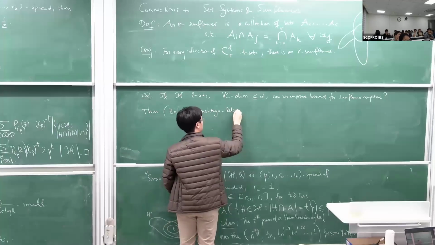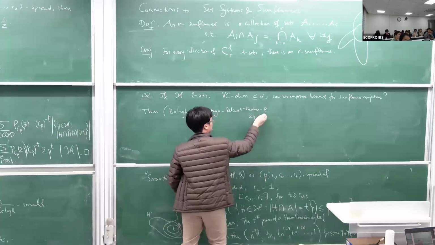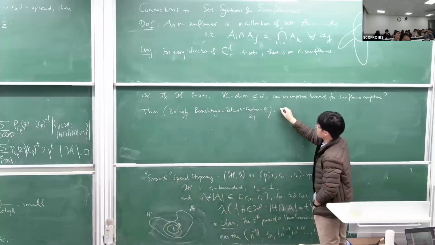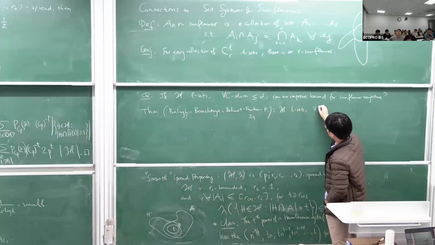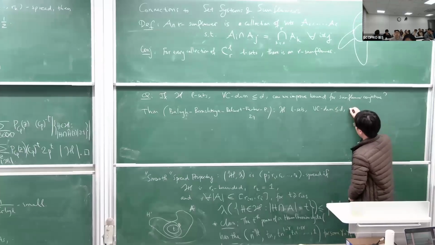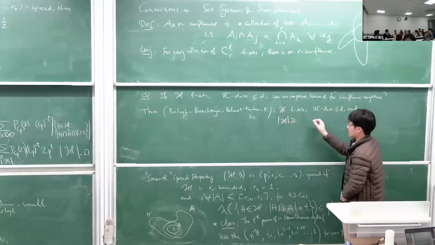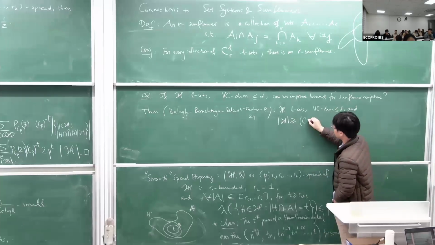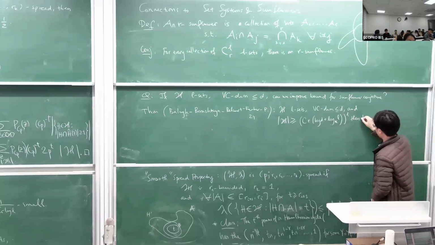Therefore, we show that if H, a family of L sets, has VC dimension at most D, and I'll define VC dimension in one second, and the size of H is at least some constant times R times log D plus log star L, to the L, then H has a sunflower.